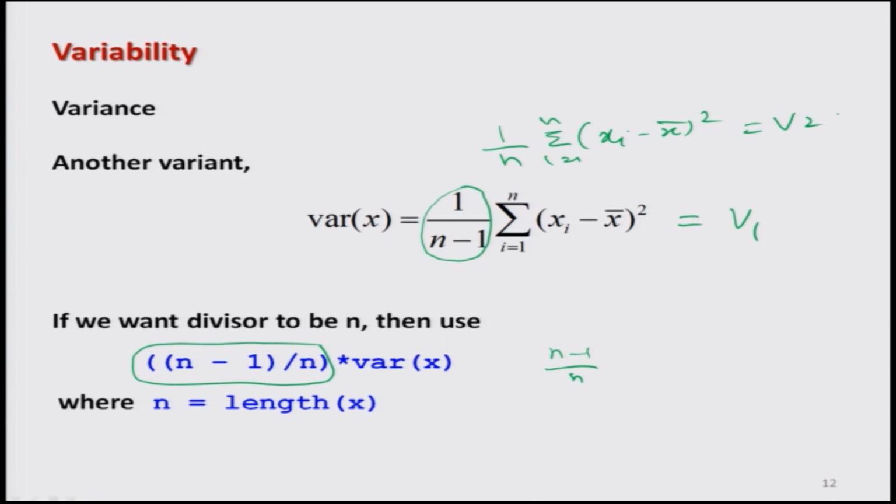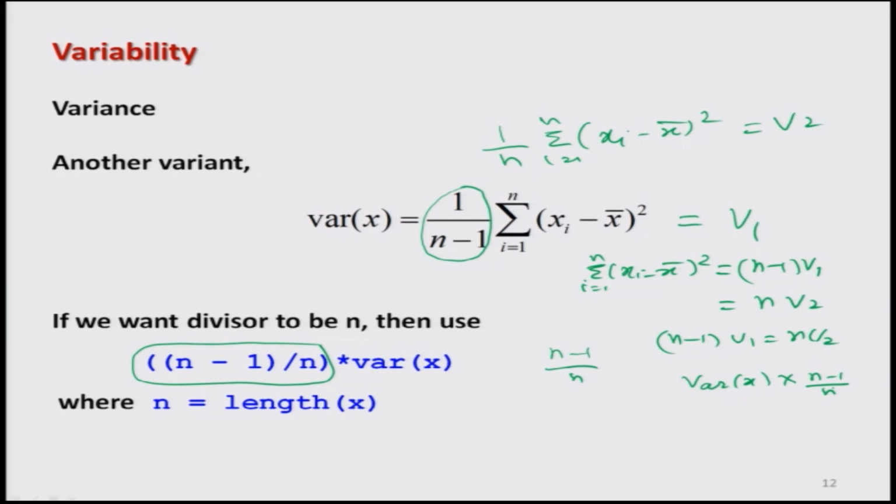Then summation xi minus x bar whole square, i goes from 1 to n, is equal to n minus 1 times V1, and this is the same as n times V2. So using n minus 1 times V1 equals n times V2, we obtain that the variance of x has to be multiplied only by a factor n minus 1 upon n.